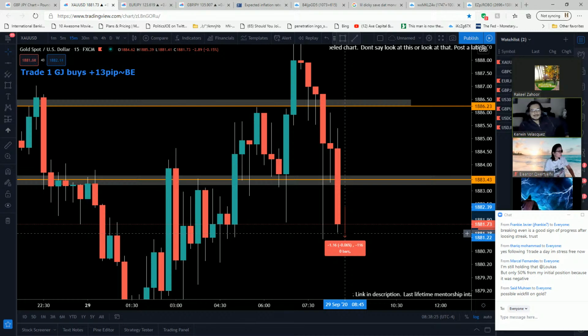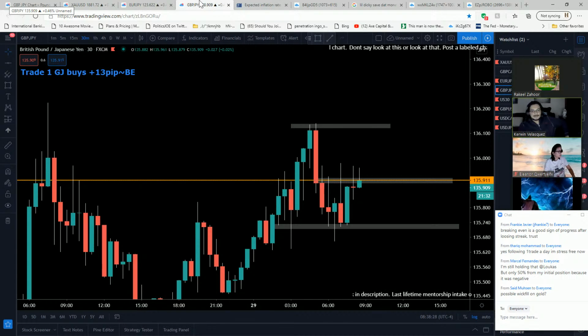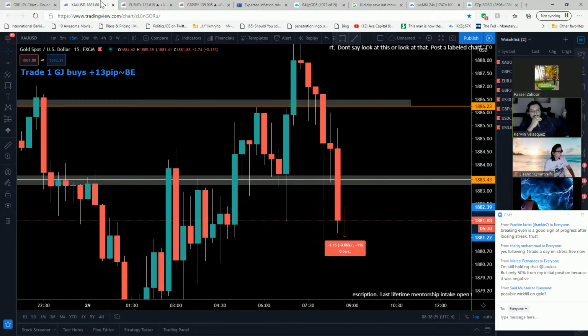Like in March, I remember I saw a couple moves on gold, and gold was moving really wild. I mean, making 100 and 200 pips in 15-minute candles. So one day I was watching the charts and I saw that breakout.